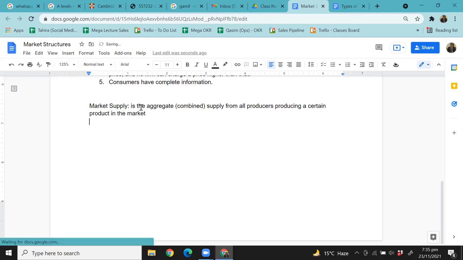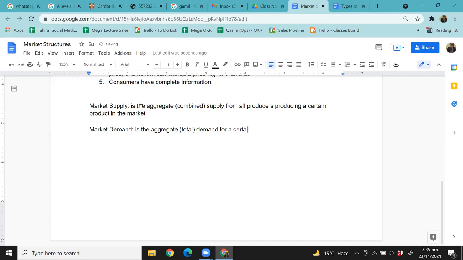And then you have market demand, which is basically also the total, you can say combined, demand from all consumers in a market.